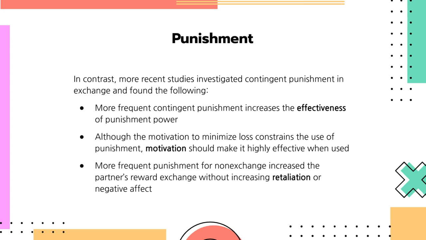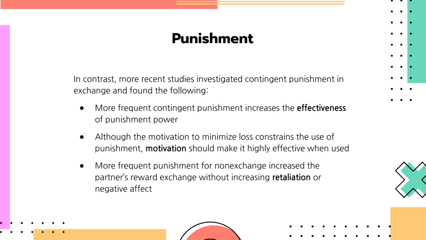So, right, like consistently, frequently punishing and sanctioning someone else in an exchange relationship can certainly result in a lot of loss for that individual, which constrains the motivation to inflict punishments or sanctions on the other. More frequent punishment for non-exchange increases the partner's reward exchange without increasing retaliation or negative affect.